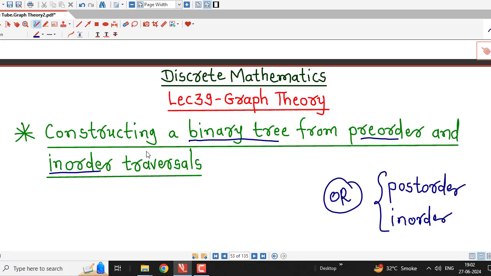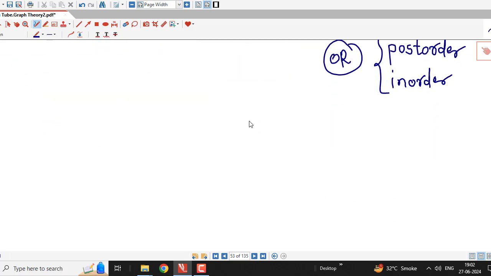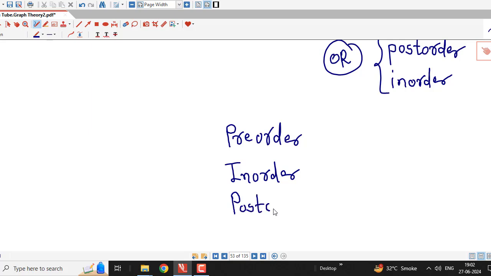Before understanding this method, let us recall the pre-order, in-order and post-order traversal algorithms which we discussed in the earlier lecture, that is, lecture number 38.